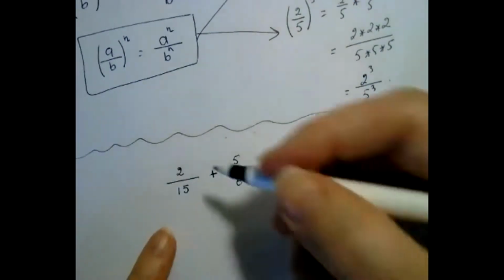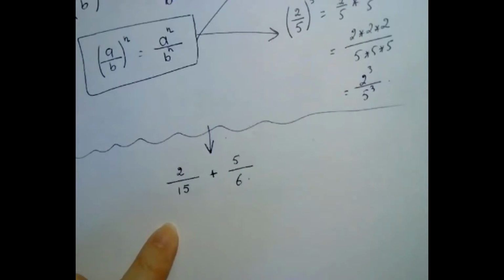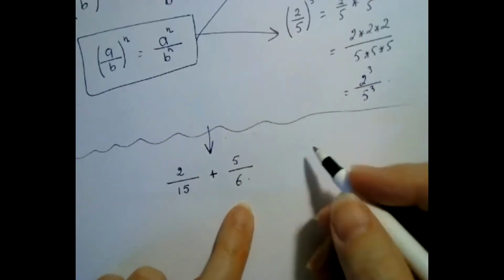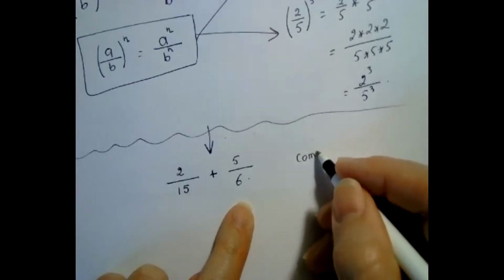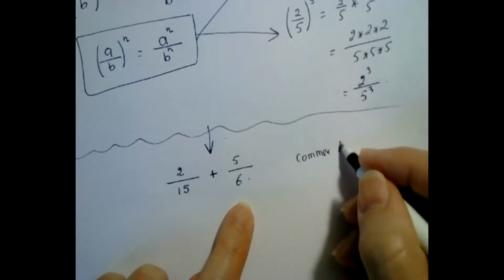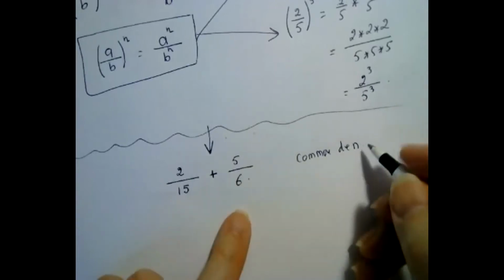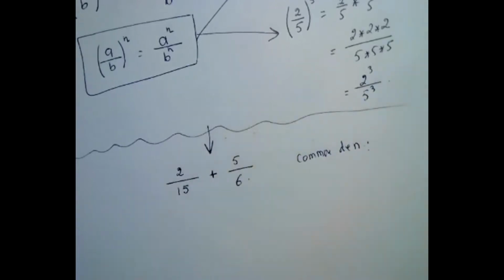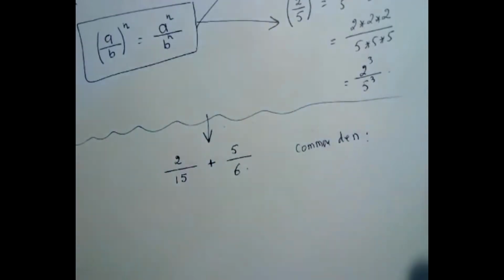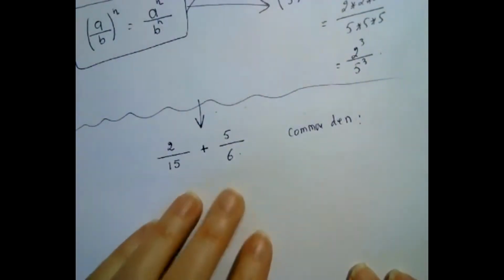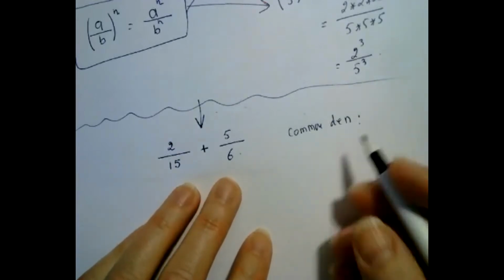This is adding, and the denominators are different. Immediately, we need to find a common denominator. What's the common denominator in this problem? It's 30.